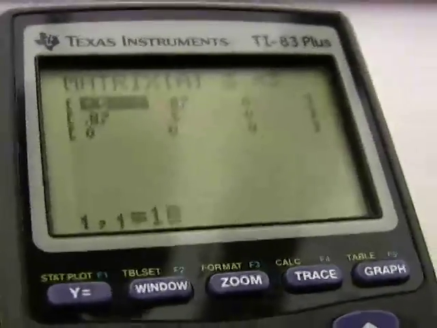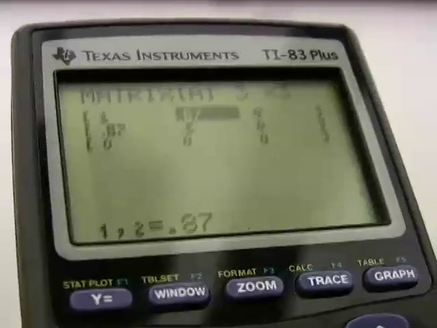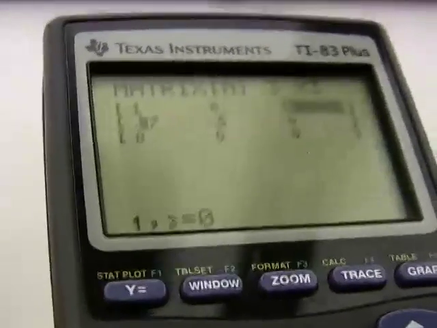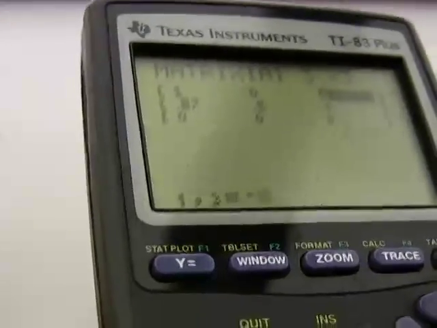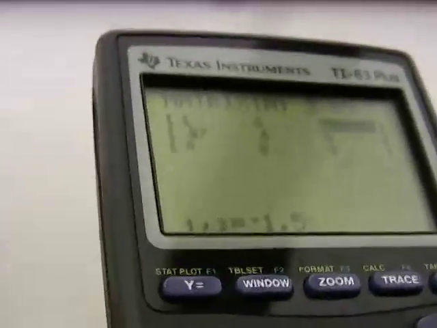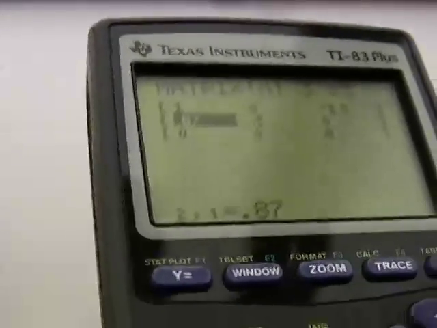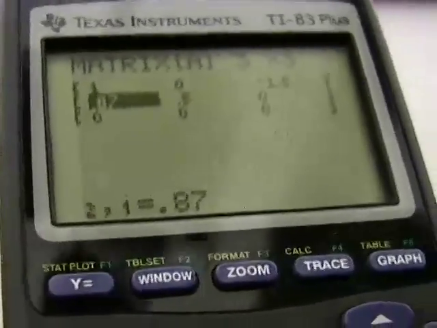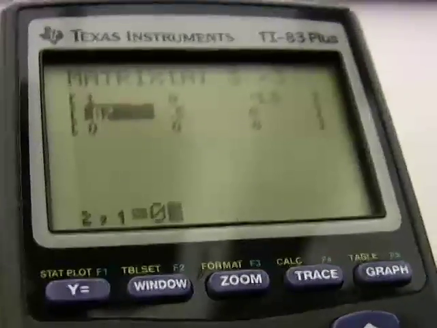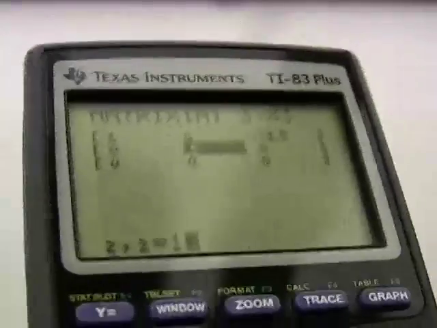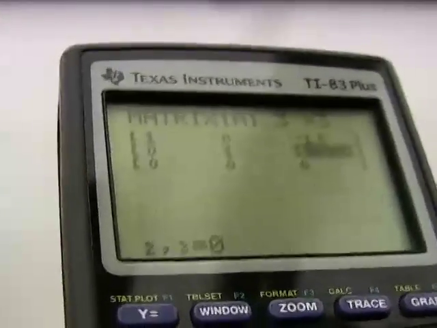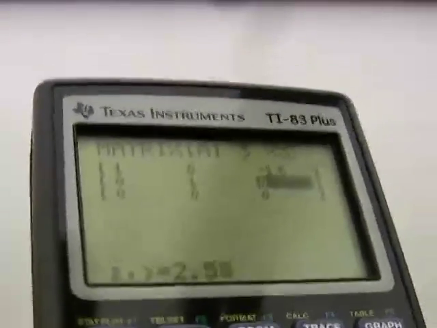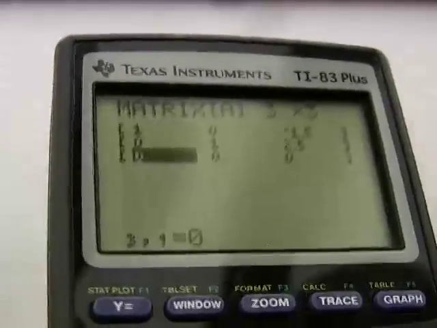That will be 1, enter, 0, enter, negative 1.5, enter. The second equation, the coefficients are 0, enter, 1, enter, 2.5, enter.